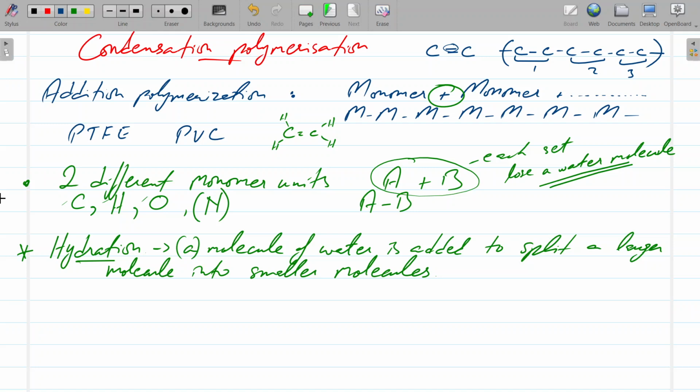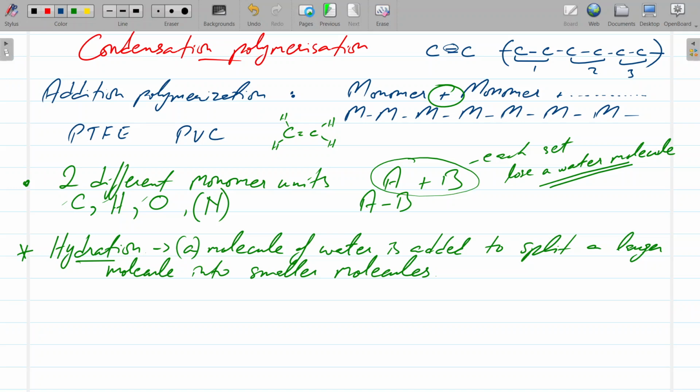It is a synthetic material, sort of like plastic, one of the plastics. And it is made up of two different monomer units. One of them is a carboxylic acid and the other one is an alkane.